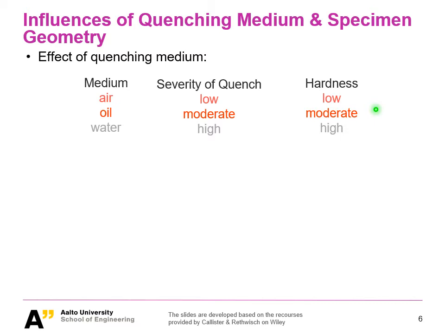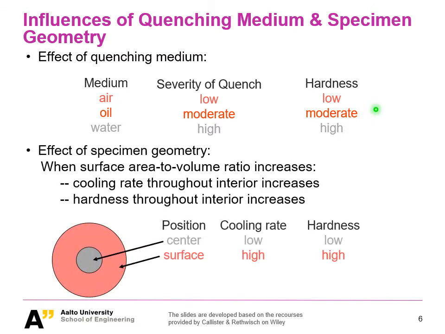You probably don't know, but if you happen to have a chance to visit a steel industry, you could have a look at their heat treatment process, and you will see water is used in many places. That is used basically to cool down your sample because it provides the fastest cooling rate. You will have very high quenching severity, and it will convert your material basically fully to martensite, and you will get very high hardness.